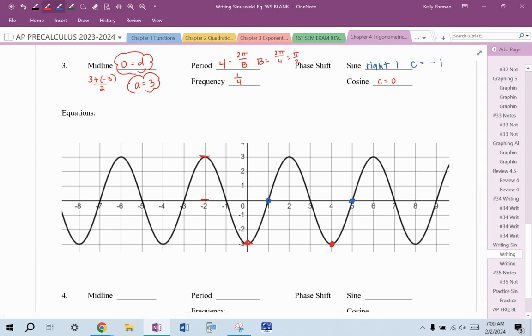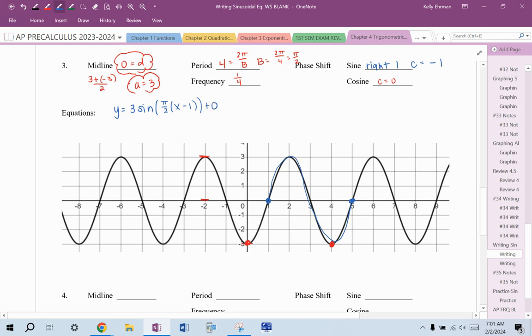And we have enough to write our equations. So if we start with sine, y equals, this is a positive sine graph that I'm looking at. So amplitude is 3, and then sine, b was pi over 2 times x minus 1 plus 0.